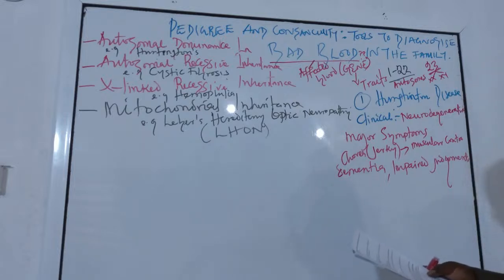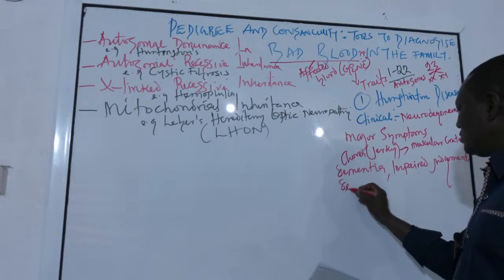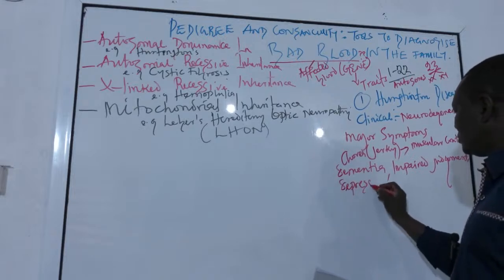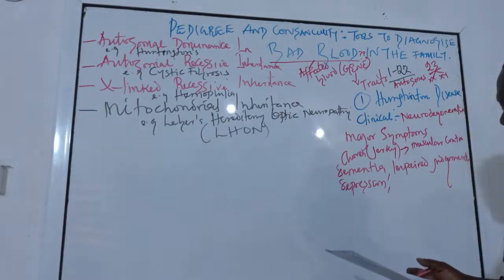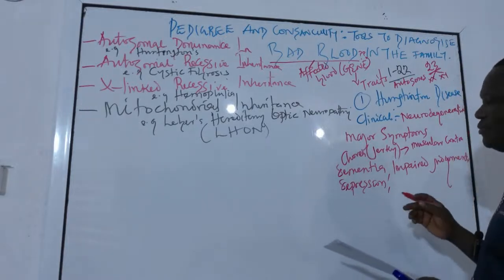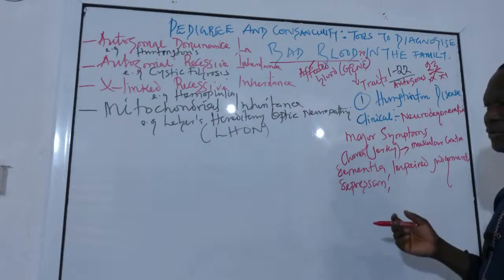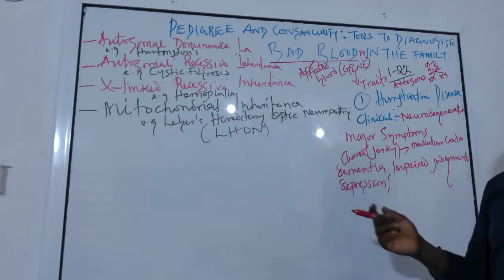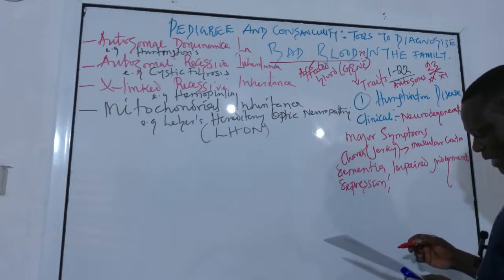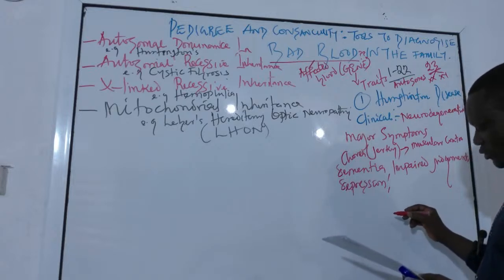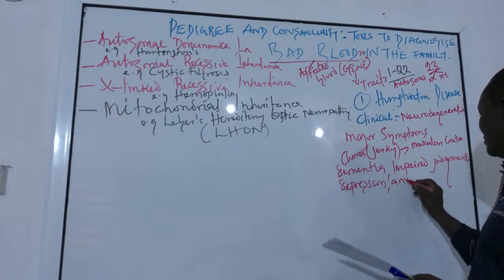Then apart from that, we also have the problem of depression. Every time the person will just be depressed. No time is going to be a joyous moment for that person. Then apart from that, there's going to be anxiety.